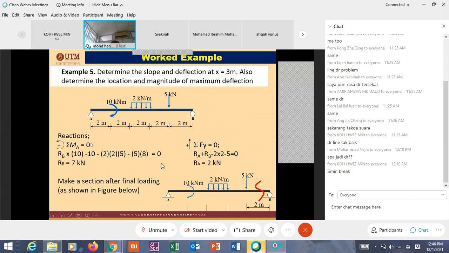Now reaction. In this case, we cannot calculate the reaction based on proportion, because there are too many loadings. My simple method cannot. So you have to use the equilibrium equations: ΣM equal to 0, ΣFx 0, ΣFy 0.